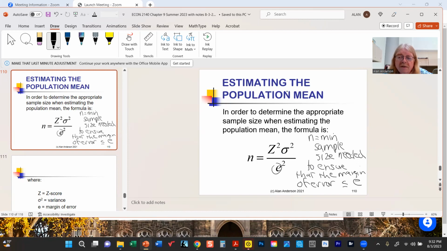We don't know what it actually is. This is the target. What we're trying to do is say, listen, we don't want E to be above, let's say, 5%. What sample size do I need to guarantee that? Because, as we mentioned before, the margin of error will shrink if the sample size grows. So large samples have smaller margins of error.